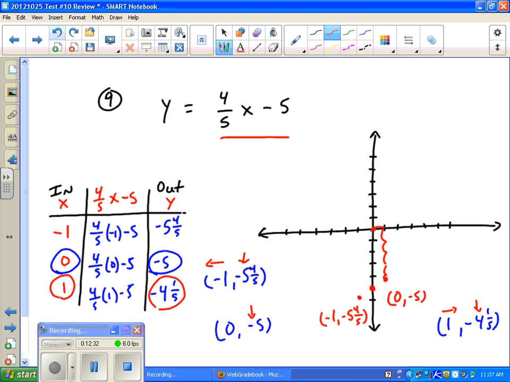So you have to do a little bit of estimating when you're plotting your points, especially on a graph that you drew. And that's 1, -4 and 1/5. Once you have 3 points, you draw your line right through and try to extend it past through both of your axes, and that's what your graph should look like.